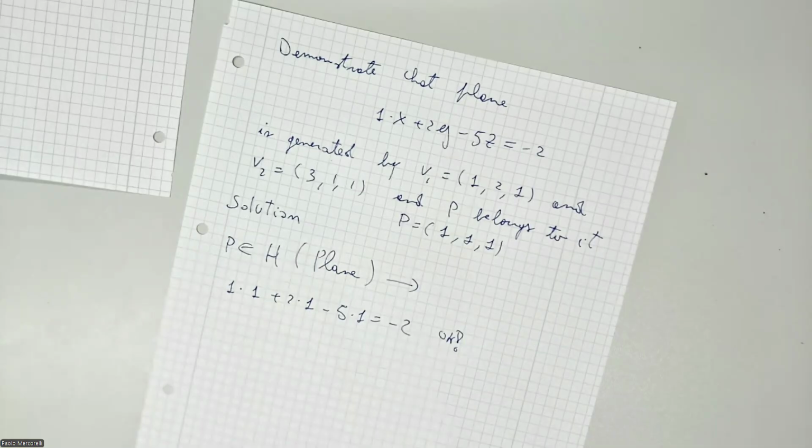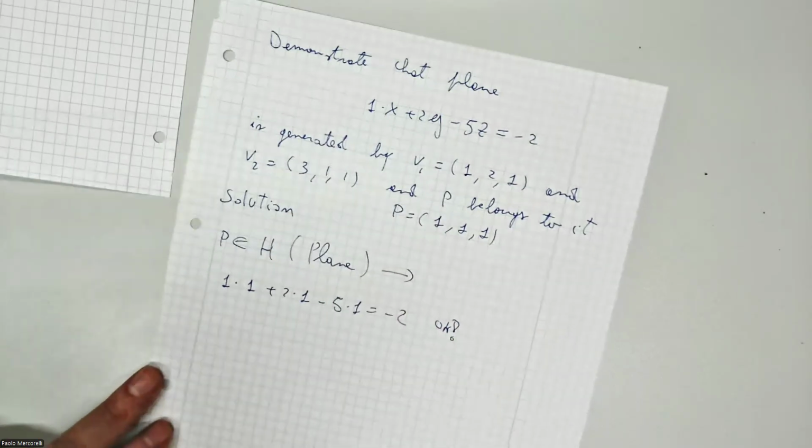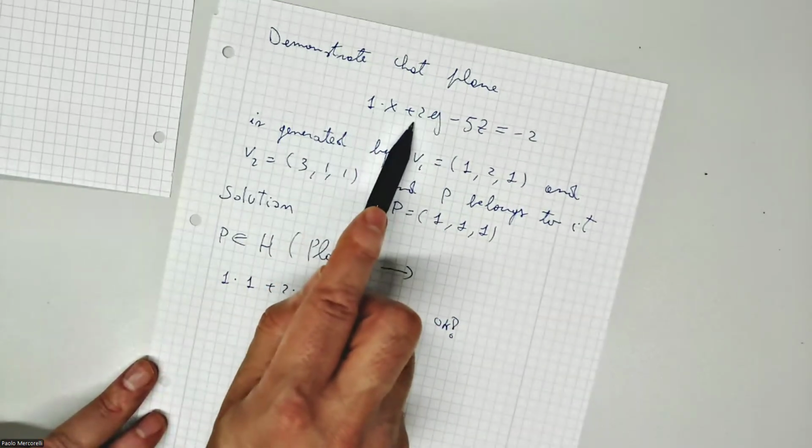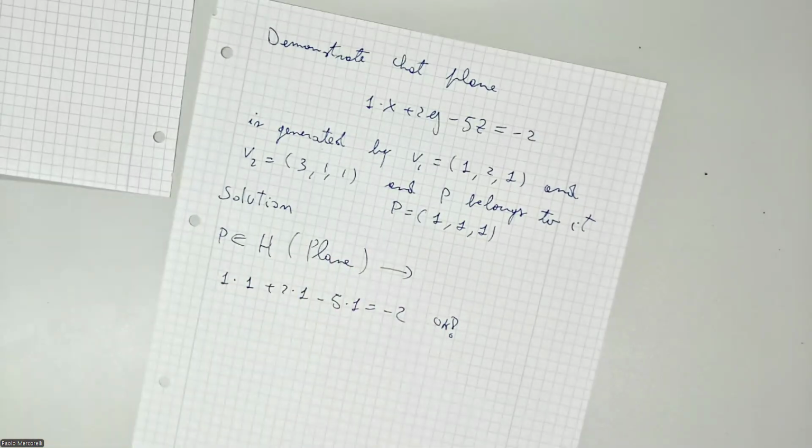If you remember what I told you until now, the vector 1, 2, minus 5, exactly in the order which I told you, must be orthogonal to the set. I recall the concept very quickly. This means it must be orthogonal to both. Think about how we can demonstrate it.